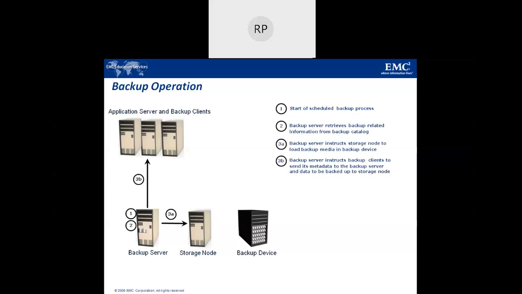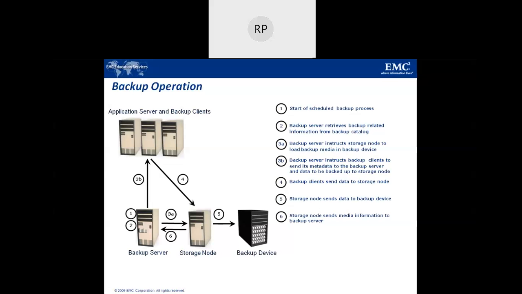Then the backup server instructs the backup client to send its metadata to the backup server and data to be backed up to the storage node. Then the backup client sends data to the storage node. Then the storage node is going to send data to the backup device. And finally, the storage node is going to send the media information to the backup server. Now this media information is nothing but the tracking information.